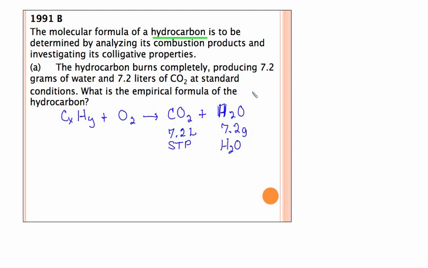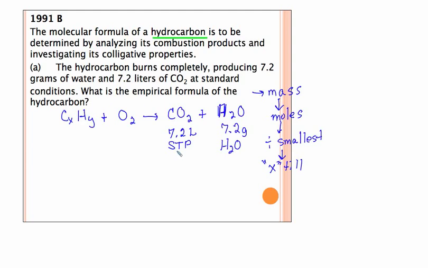Now, typically we say on these you want to get to mass, and then we want to go from mass to moles, and then we divide by the smallest and multiply till whole. Now, here we get to actually bypass the mass. You can go ahead and go to mass if you want. It's going to add an extra step.